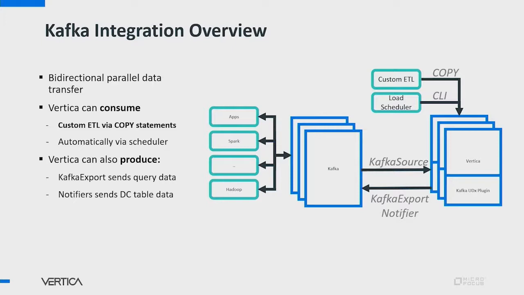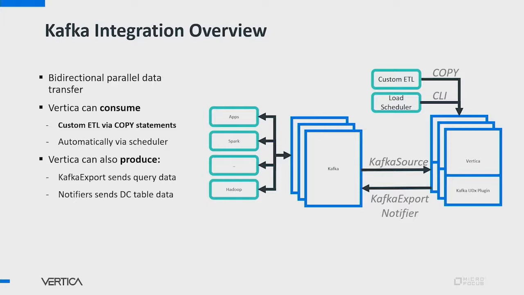The second method is the automatic load mechanism via a scheduler, configured using a tool called vkconfig that comes bundled with the Vertica distribution or Vertica RPM. The scheduler has a number of advantages over the manual load process, including continuously loading data from Kafka and ensuring that each message is loaded exactly once.